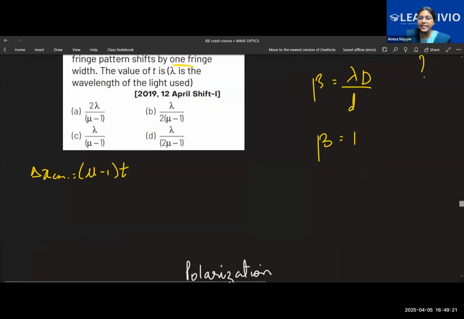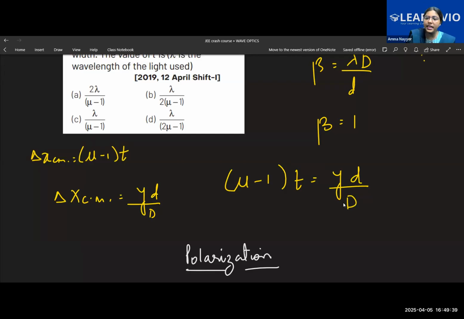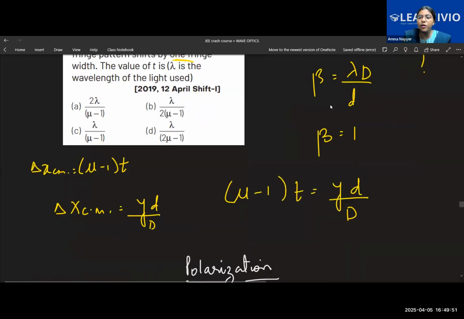From the interference experiment, we write the change in the path difference as y into small d by capital D. So equate these two equations. What will you get? (Mu minus 1) into t is equal to y small d by capital D. And what is the value of y from here? You know beta is already lambda capital D by small d, which is equal to 1. So you can write the value of capital D by small d from here. So what will be the thickness?